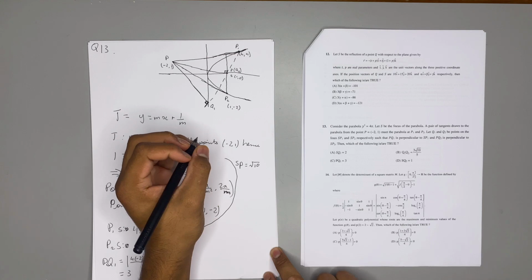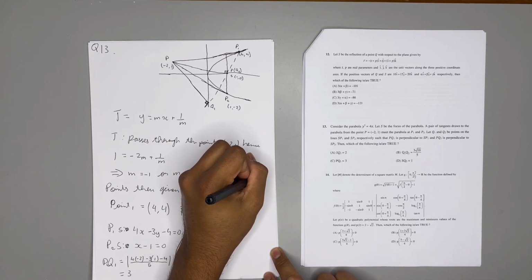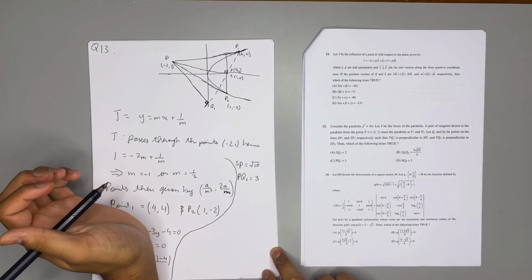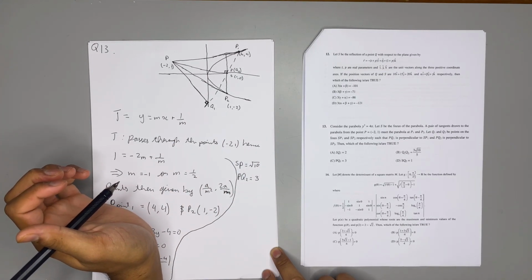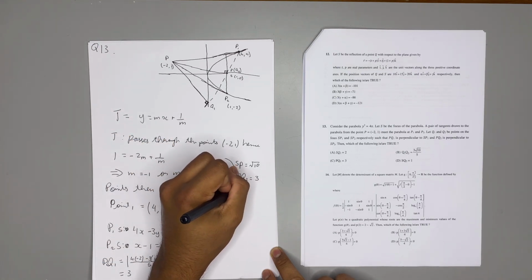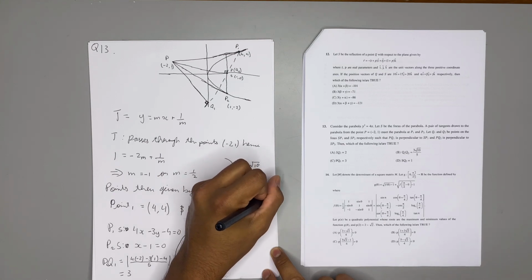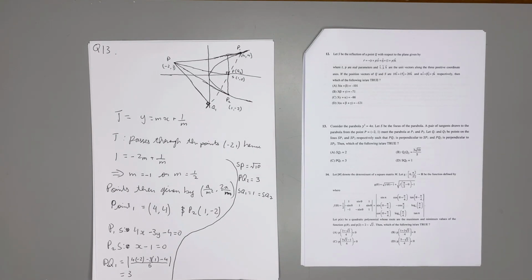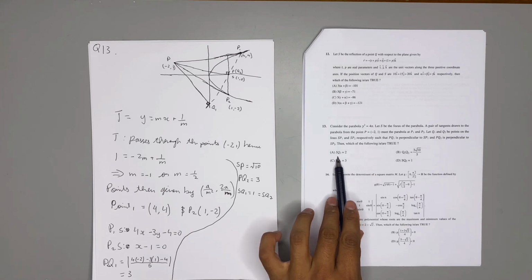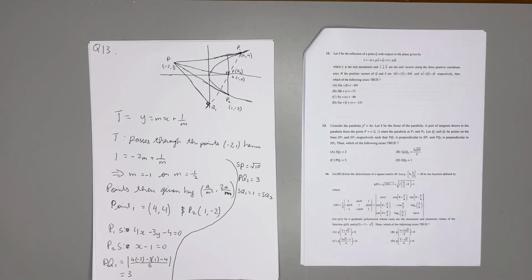So PQ2 then equals 3. We know SQ1 is going to equal 1, which is going to be SQ2. SQ1 does not equal 1, it equals 2 over here, so A is not an option.